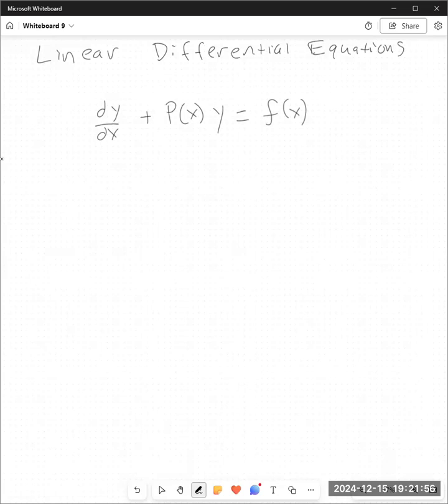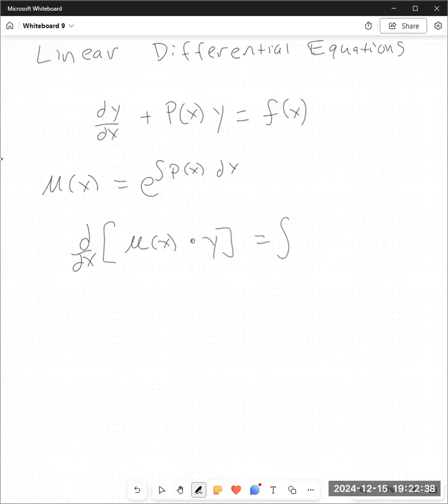If we can get it into that form, then we can have an integrating factor mu of x is equal to e to the integral of p of x dx. It becomes something that's called an exact differential equation after that. More about that later, but let's show that if we multiply through by this integrating factor, we would get the exact derivative of mu of x times y equal to mu of x times f of x on this side.